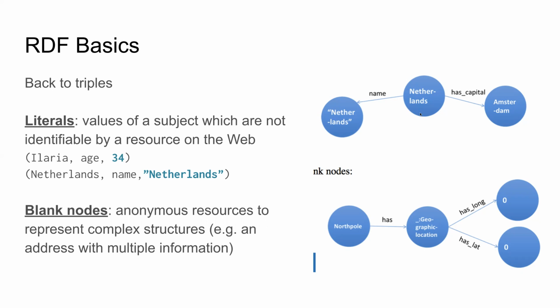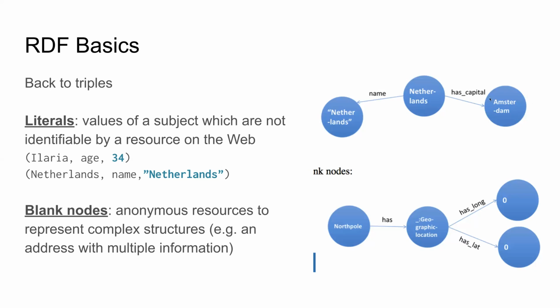If we look at this example, Netherlands here is a resource because this is the actual concept that we want to describe. This is not the name. We could give it any name. This is just a symbol. This is a resource that we want to describe with all the properties and values that we know about the Netherlands. And then we have capital, this is a predicate.